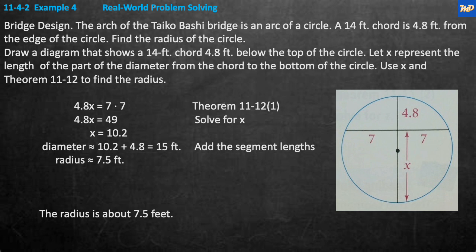We see it here with this 14-foot chord, and the arch up from the chord is 4.8 feet. It says to draw the diagram that shows a 14-foot chord, 7 plus 7 is 14 feet, and 4.8 feet below the top of the circle. Let x represent the length of the part of the diameter from the chord to the bottom of the circle. Use x and Theorem 11.12 to find the radius.